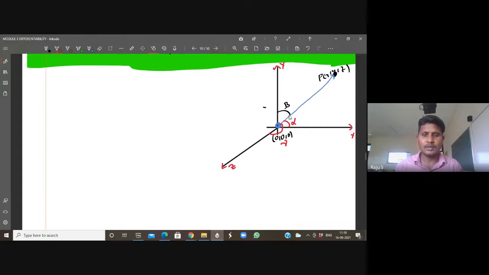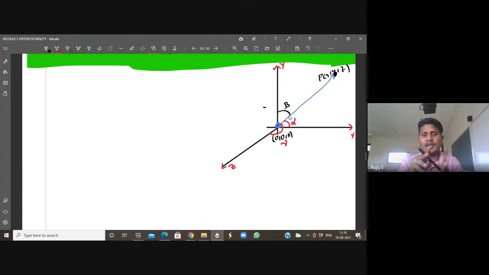Otherwise you can see here, this is the x-axis, this is the z-axis, this is the y-axis. The angle between these axes is 90 degrees.